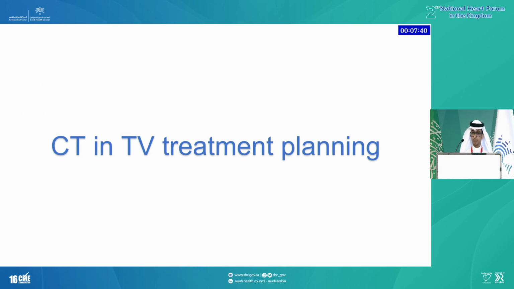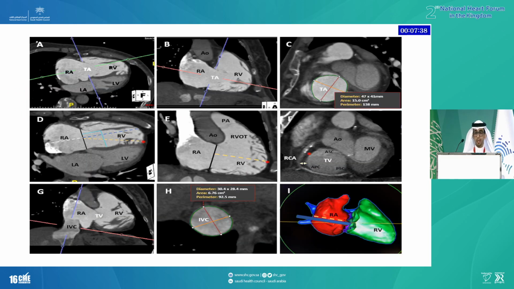CT in tricuspid valve treatment planning. Like other valves, we can assess the perimeter, area, and diameters of the tricuspid valve to choose our device, but more important than that is to pay attention to the right coronary artery and its relation to the tricuspid annulus, because if the distance is less than 2 millimeters, the risk of injury to the RCA is high.